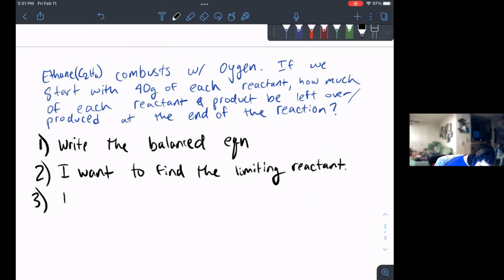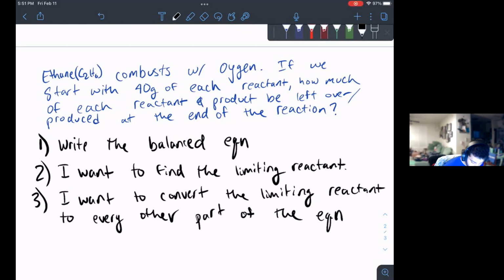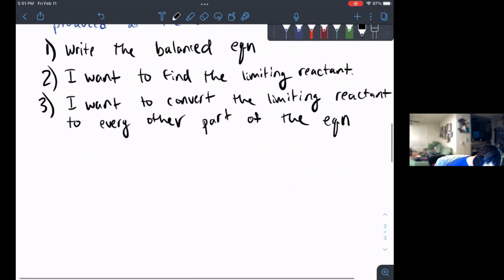Number three, I want to convert the limiting reactant to every other part of the equation. I'm going to go through each one step by step, but let's start with number one.